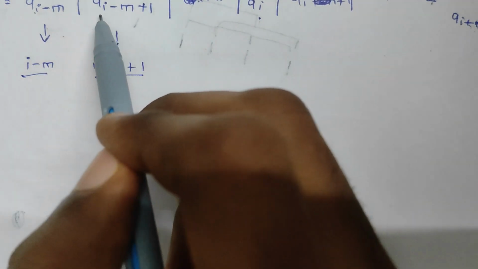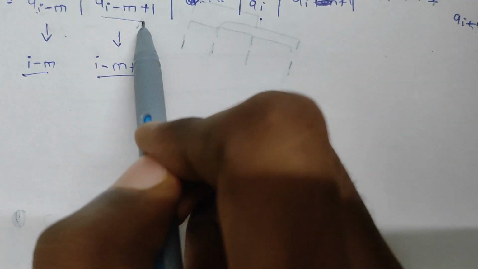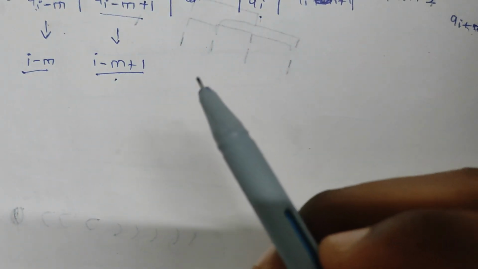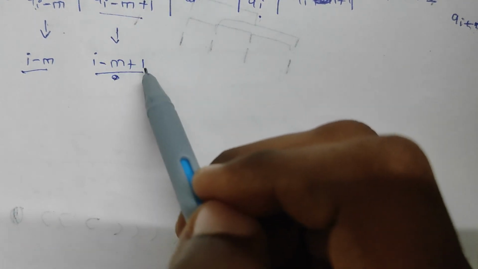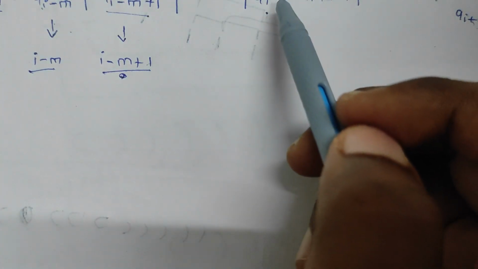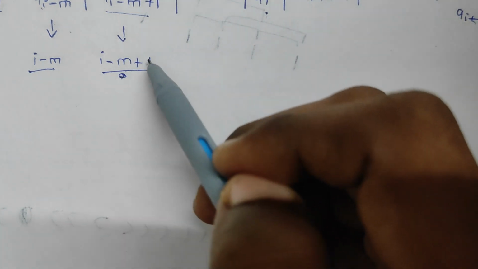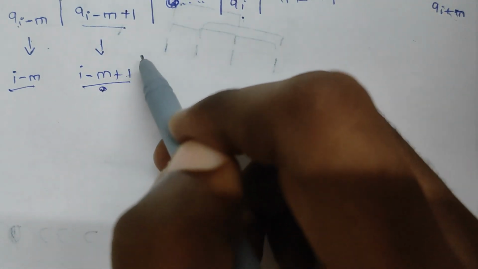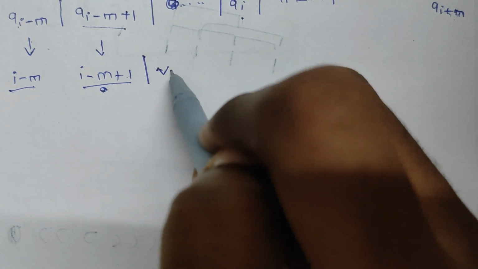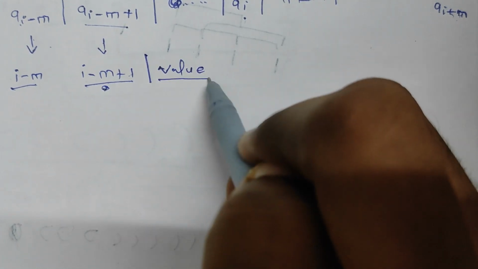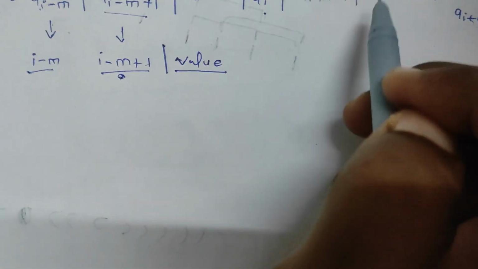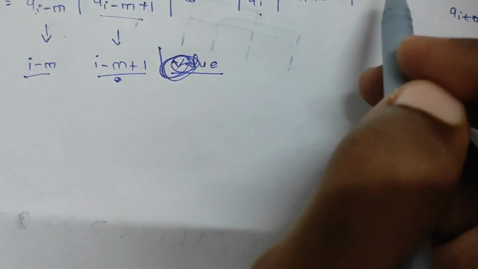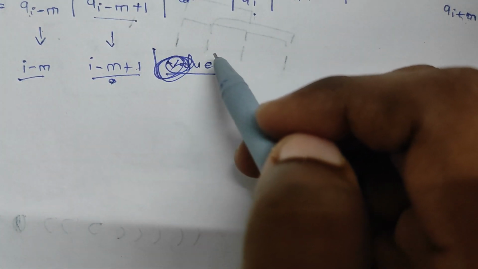So even though this ai minus m plus 1 will not be equal to i minus m plus 1 in the mth operation, it will be some value that we will obtain from the other elements. So there is no need to consider those other elements.